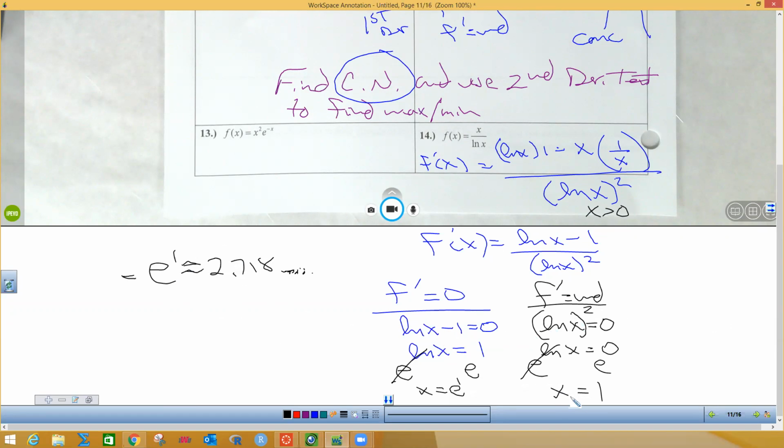So now what I want to do is find out what the concavity is at these two places. So concavity has to do with the second derivative. So I need to do the derivative of this. So again, it's going to be quotient rule. So when I do the second derivative of this function, I'm going to take the bottom times derivative of the top.